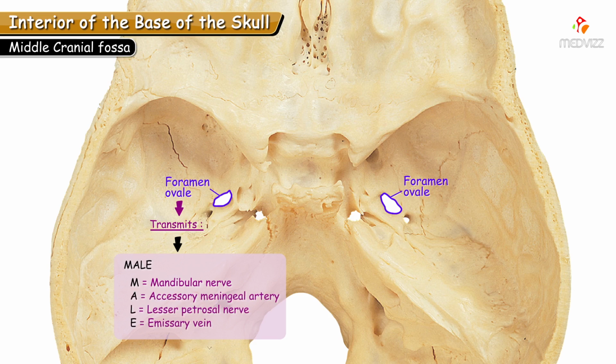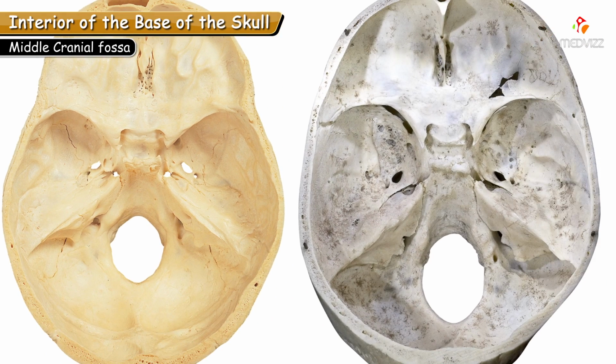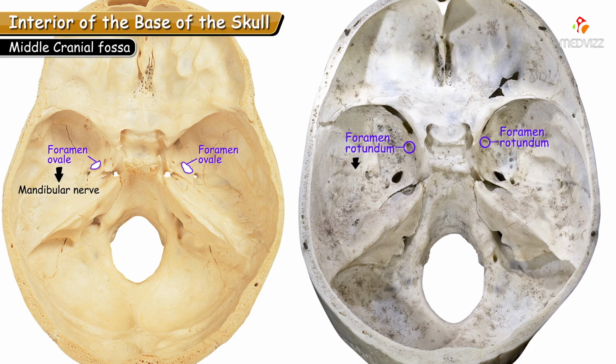So these are the structures passing through foramen ovale. So we have seen 3 branches of the trigeminal nerve passing through each foramen: foramen ovale, mandibular nerve; foramen rotundum, maxillary nerve; and superior orbital fissure, branches of ophthalmic nerve.